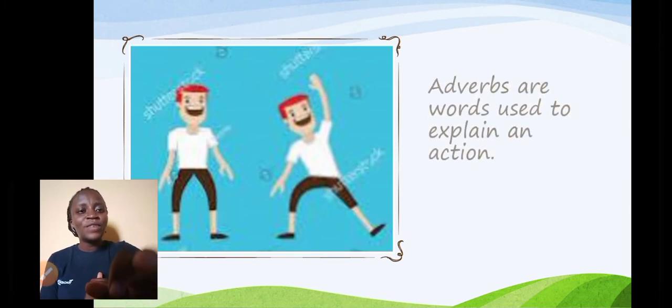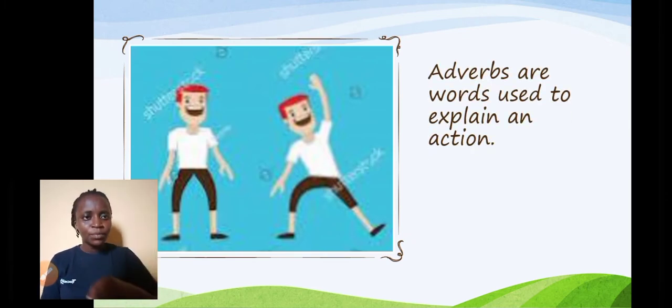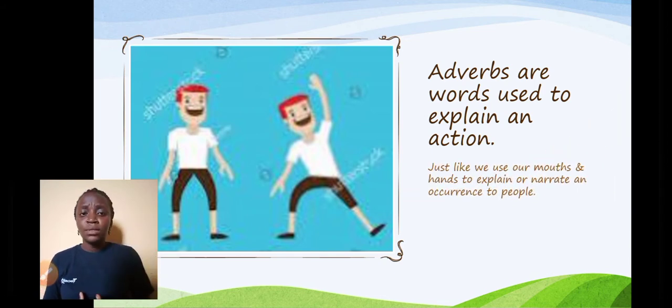And we have adverbs. Adverbs are used side by side with verbs, just like the word adverbs. They are used together with verbs because they are used to explain an action. For instance, I am talking slowly. I'm not talking fast.